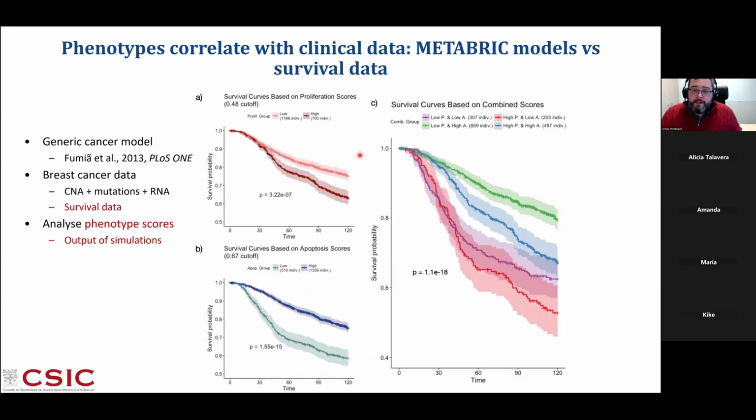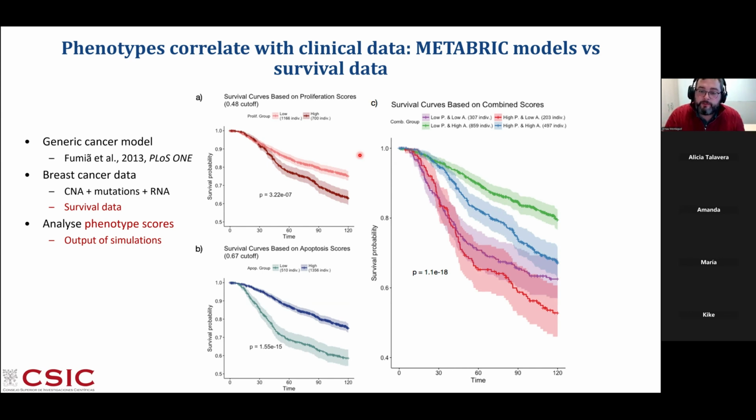So that was for targeting different proteins that are captured in the model. And one of the things that we were lucky enough to do, using the METABRIC clinical data, was to look at survival data. The idea is that you have the 2000 models for the METABRIC database.